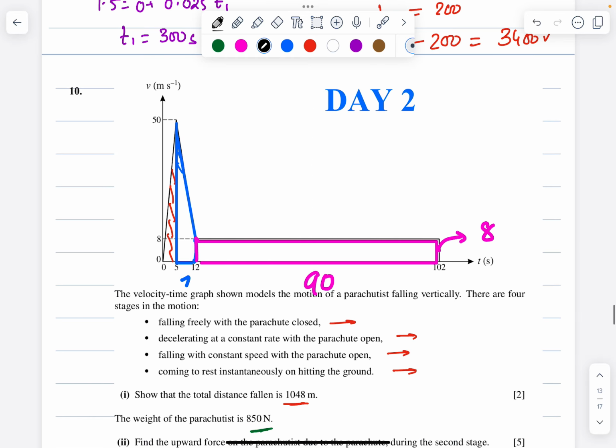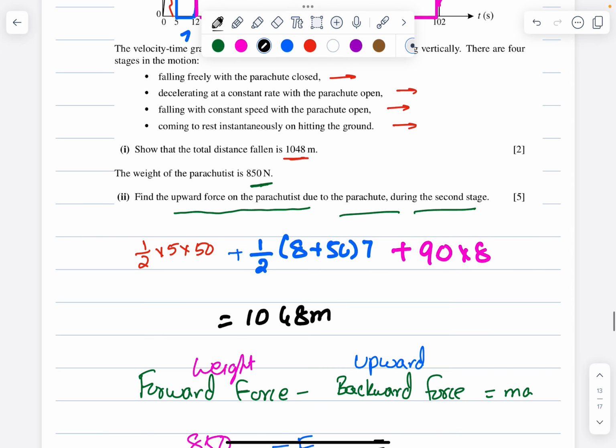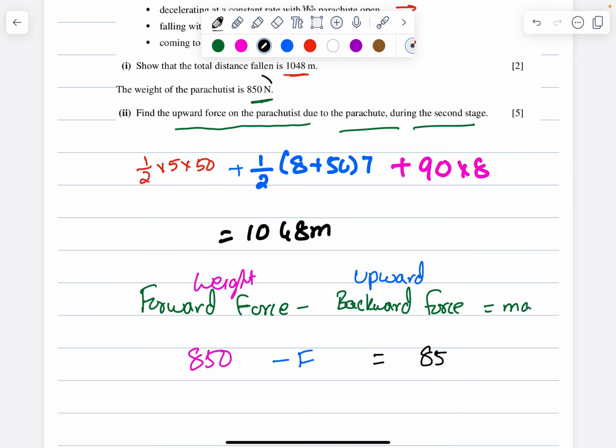Has he given the mass here? It is 85. Why is it 85? Because the weight is 850, and 850 equals mass times g. But g is 10. So the mass is going to be 85.